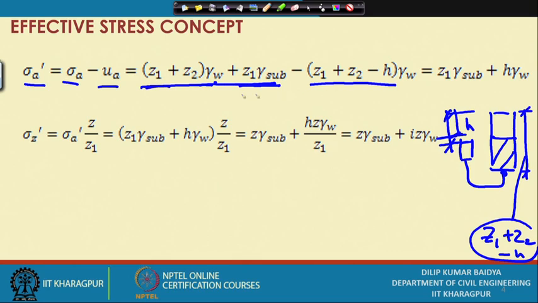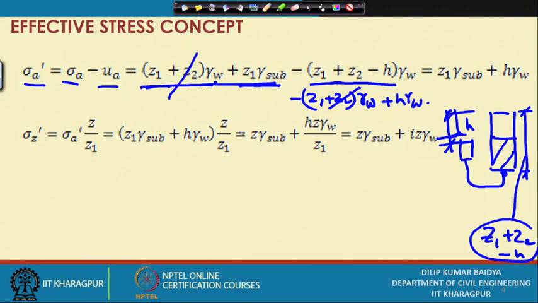The difference of these two will give you the effective stress at the bottom. So, this will be z 1 plus z 2 gamma w minus z 1 plus z 2 gamma w, so this is actually minus z 1 plus z 2 gamma w plus h gamma w. So, these terms will get cancelled.